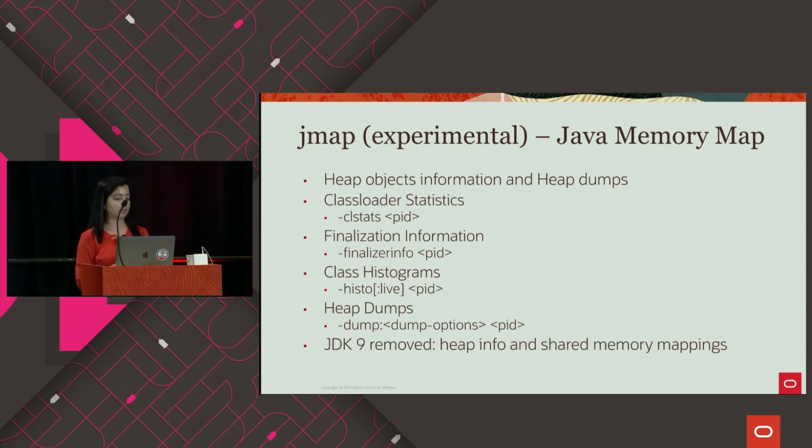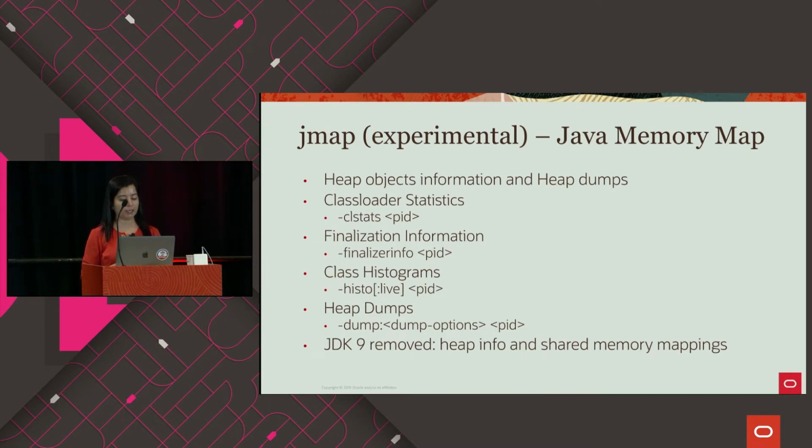The first one is -clstats, which prints class loader statistics information; -finalizerinfo, which can be used to print objects pending finalization; -histo can be used to collect class histograms; and -dump can be used to collect heap dumps from your running applications.